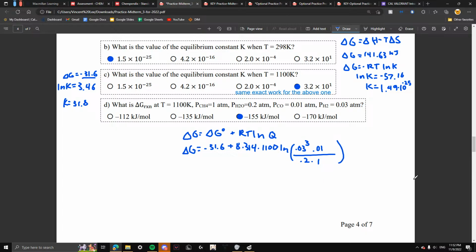And if I plug this in my calculator and write out the whole long equation, also don't forget to divide this entire thing by 1000, because this is in joules and this is in kilojoules, so you want the math to work out.